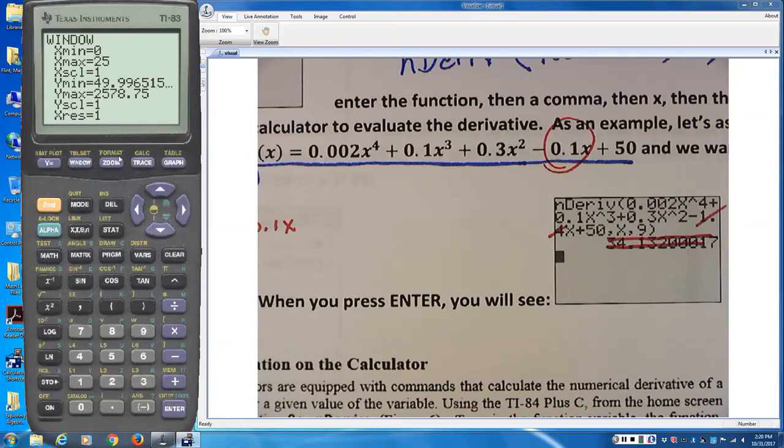So then what you can do is do your second trace and go down here to number 6, dy dx, hit enter, and then you're going to have to tell it a value that you want it to do the function at. So type in a 9, and it kind of covers it up. Let me fiddle with the window a second.